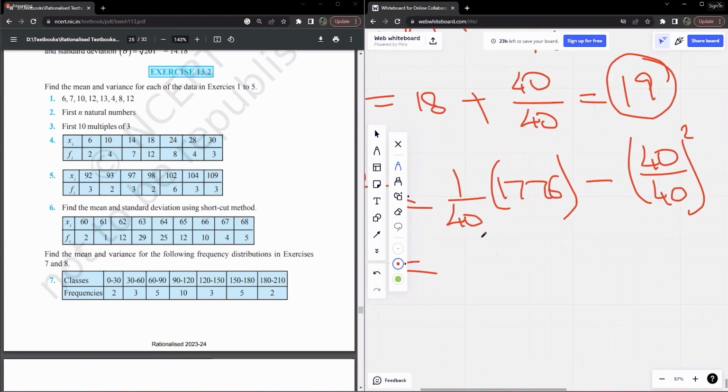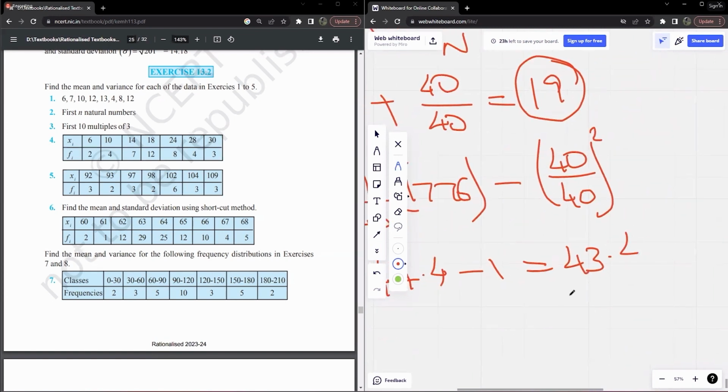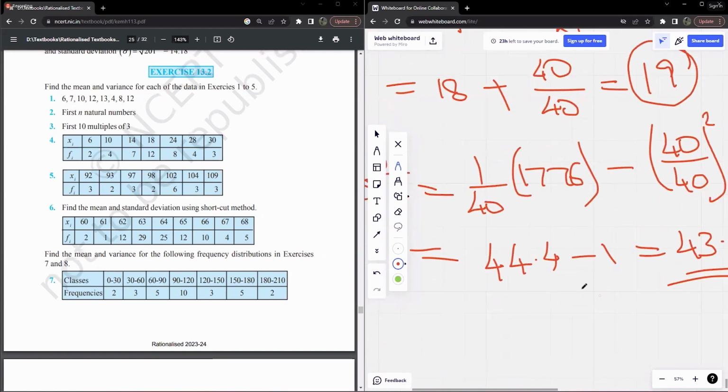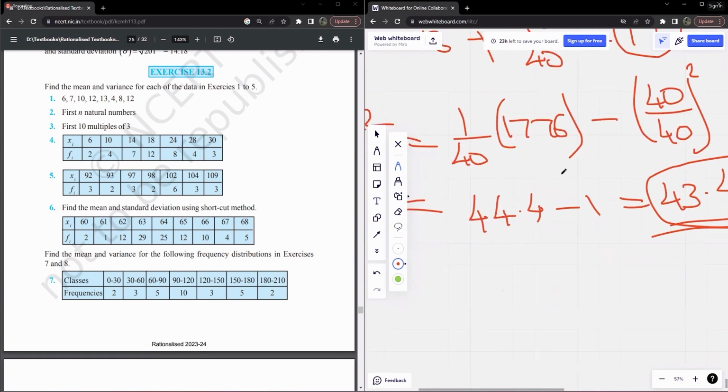So this is going to give me 177.6 by 4, that is 44.4. This is 44.4 minus 1, which is 43.4. Wait a minute, it's actually not that, but this one. Also, my bad. I'm sorry.